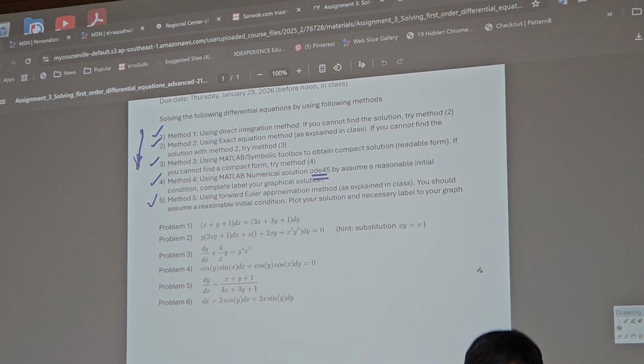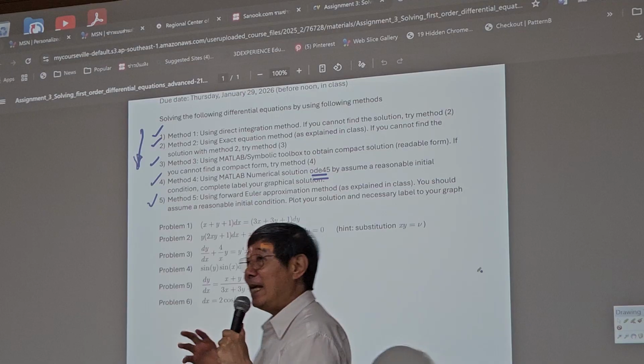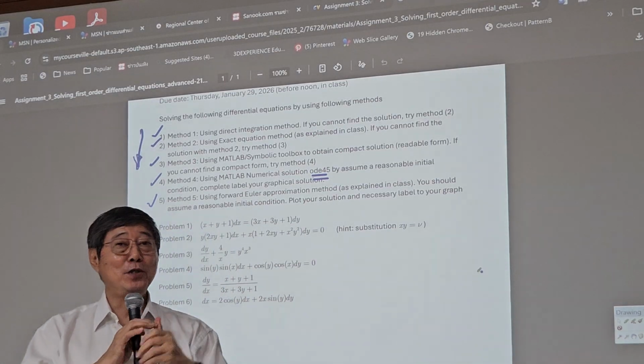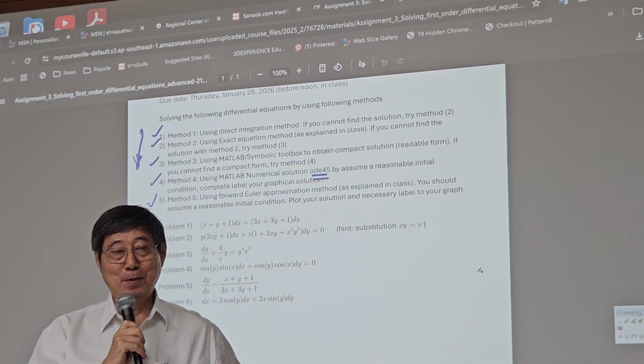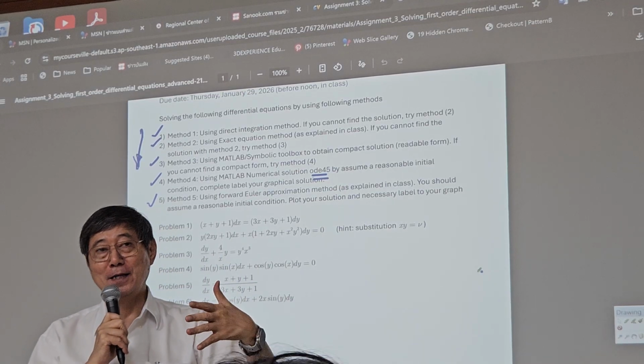Start with the first one first, but I persuade you to do all the methods.